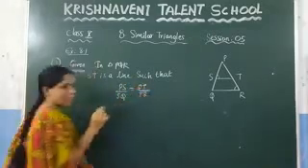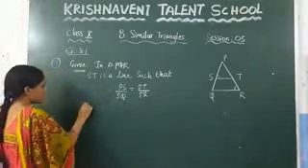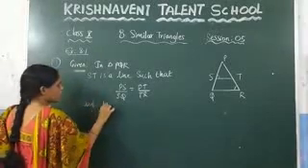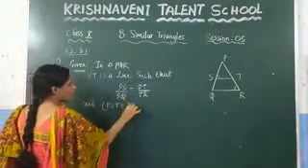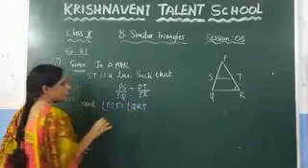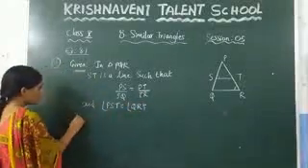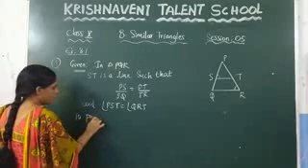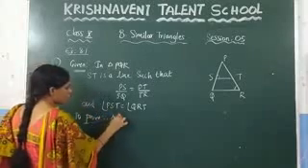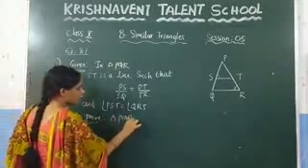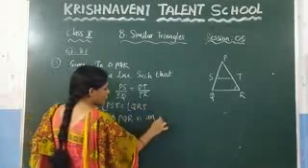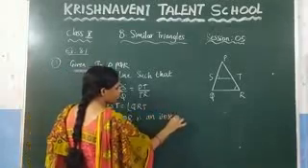This is the condition they have given, and they said that angle PST is equal to angle QRT. This is given. What we need to prove is that triangle PQR is an isosceles triangle.